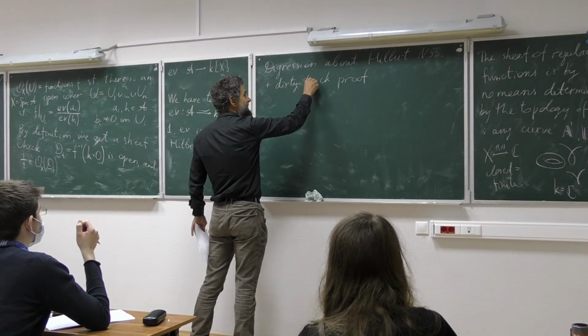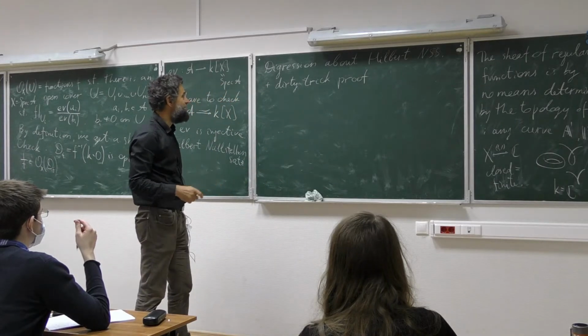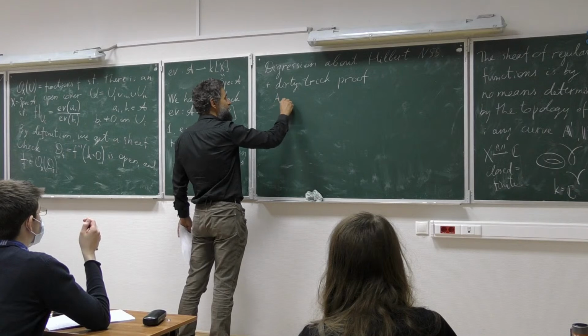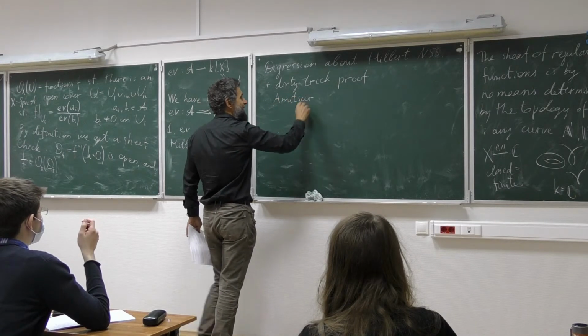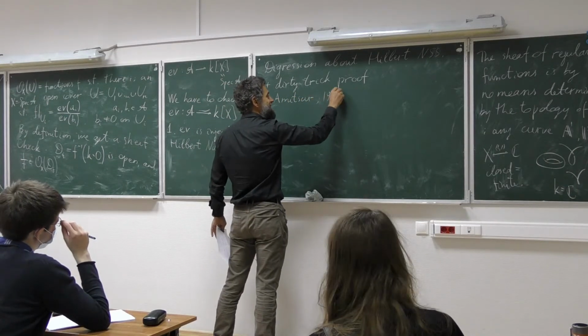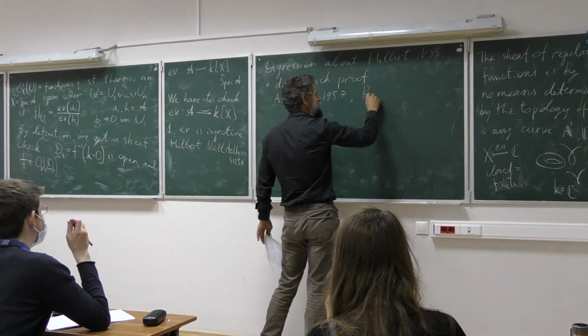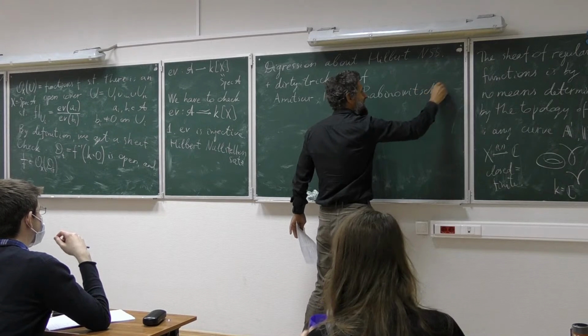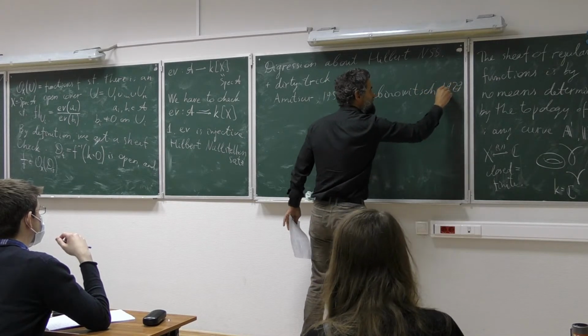Well, as you might guess, this is due to some Jews. One of them is Amitsur, around 1957. Another one is Rabinovich in 1929.